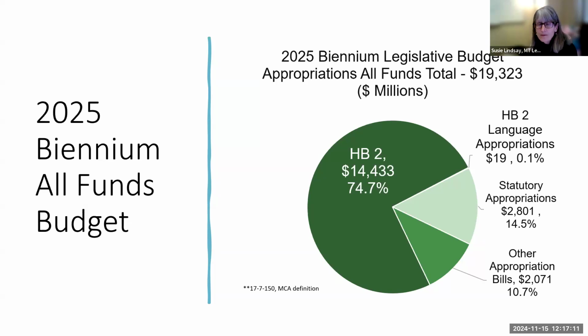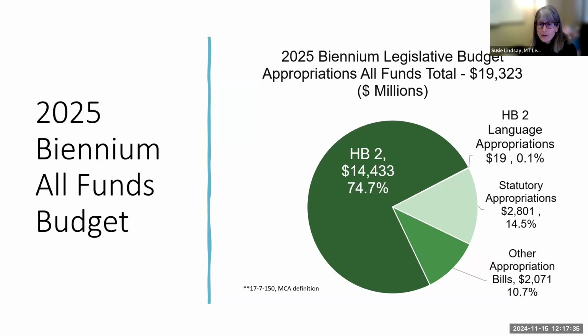And again, some federal statutory appropriations are like the Indian Health Service. That is a statutory appropriation on the federal side. And again, on the general fund side, much of that is payments to local governments and state pensions.